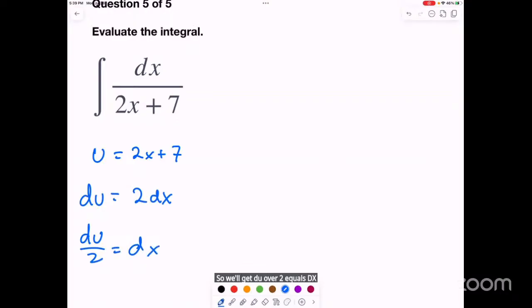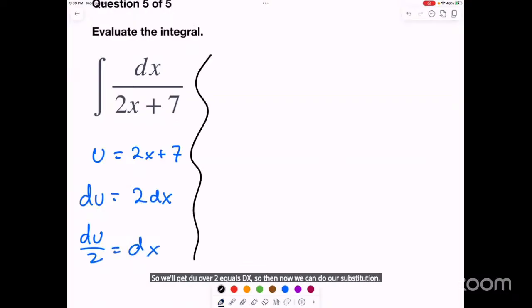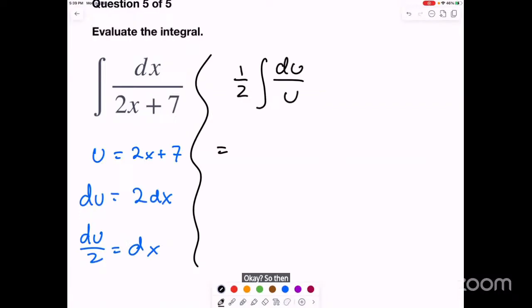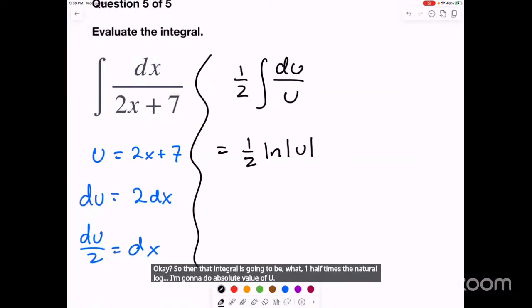So now we can do our substitution. I'm going to write it like this: 1/2 times the integral of du over u. Then that integral is going to be 1/2 times the natural log of the absolute value of u plus c.